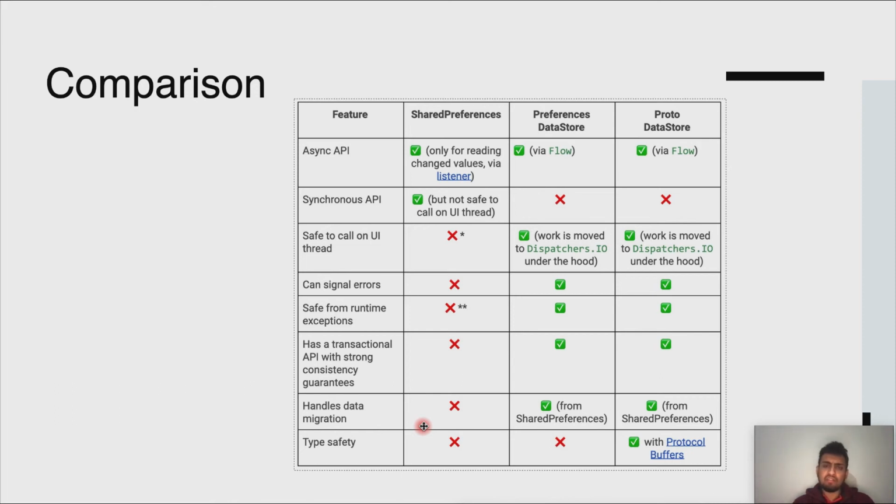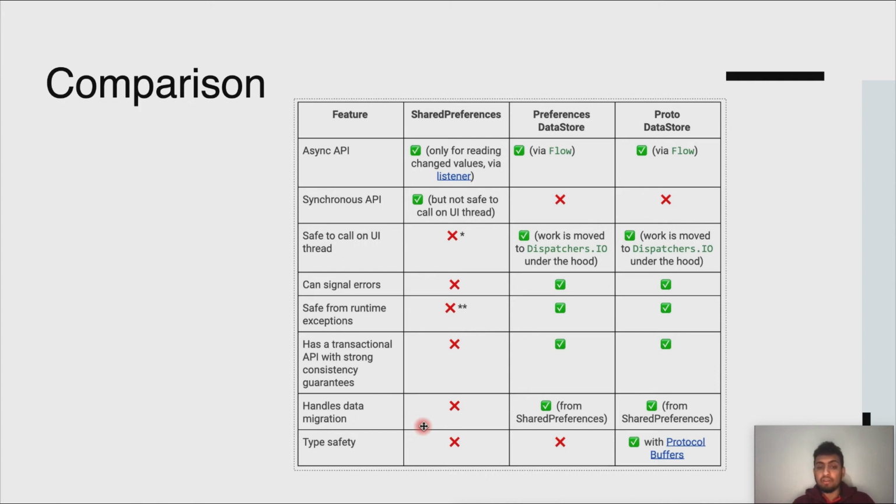Shared preferences has a synchronous API, which means that the transactions are done one by one on the main thread, not asynchronously, but that can actually result in ANRs, so it is not a good thing to have. But preferences data store and proto data store always run asynchronously, so no ANRs.